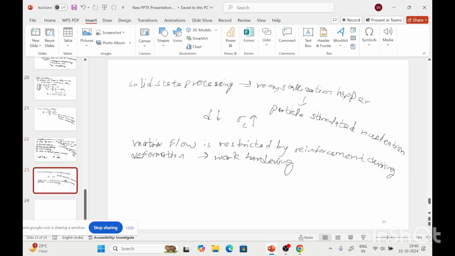Next is the coefficient of thermal expansion mismatch.